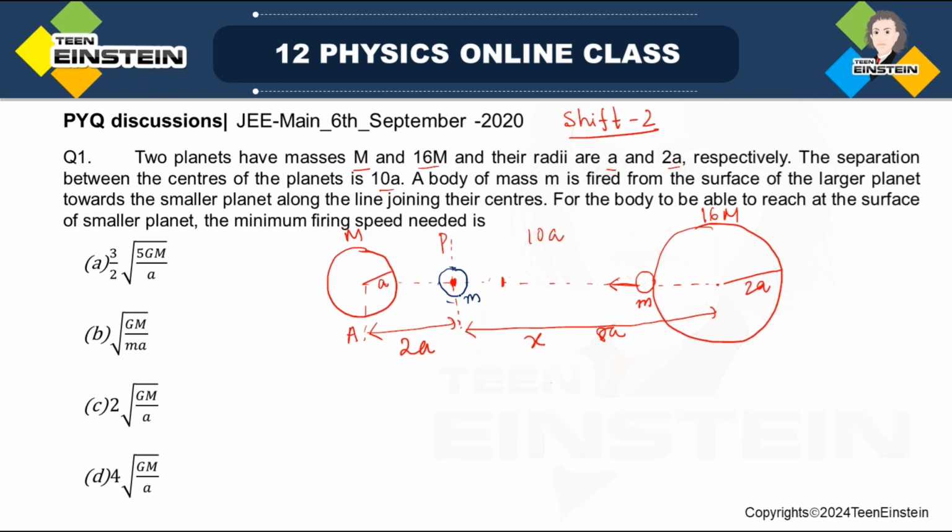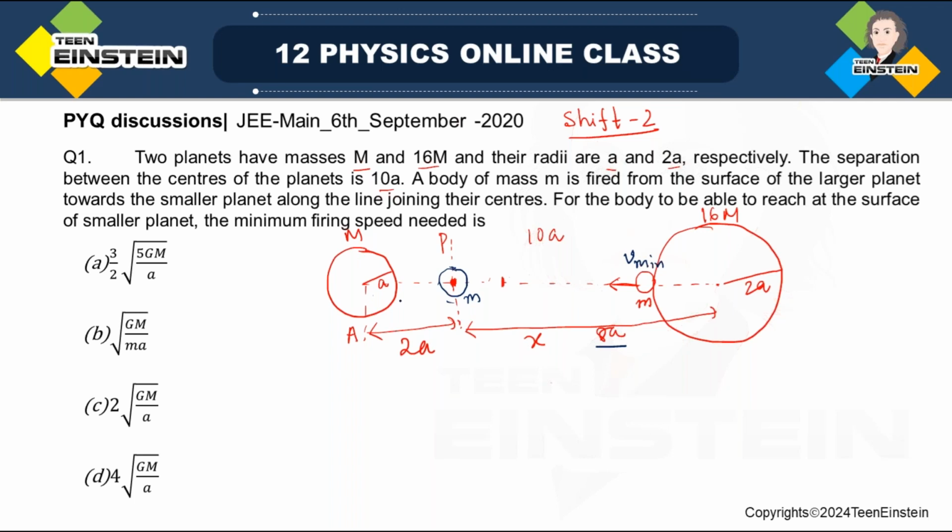If I give a minimum velocity here, v minimum, such that it just crosses this point, just crosses x distance, which is 8a, then it will eventually fall on the surface of the smaller planet.